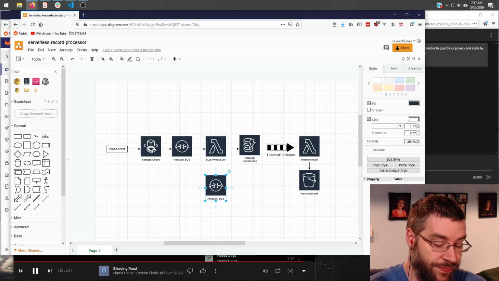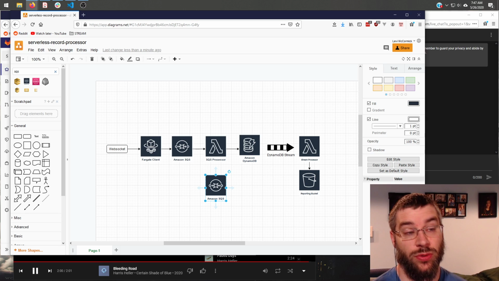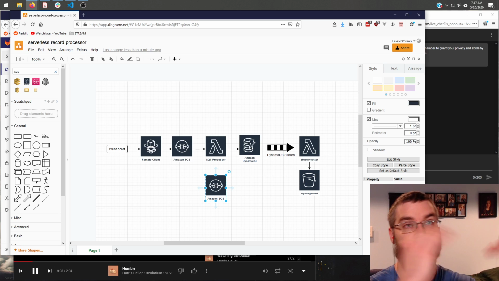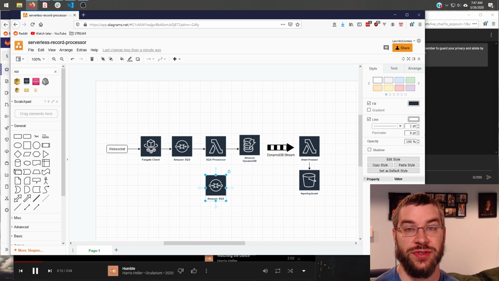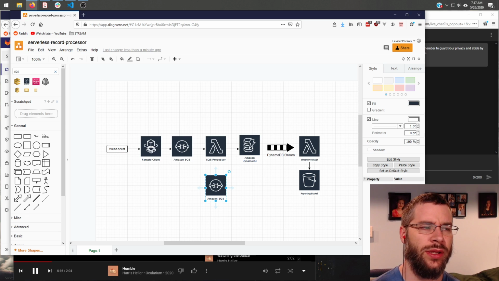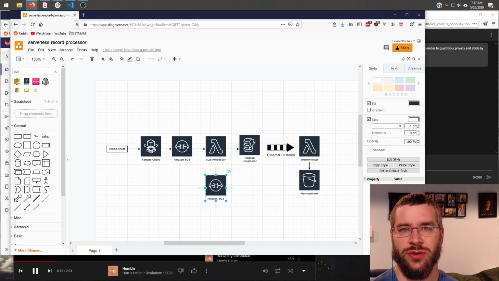So maybe you don't have a reliable invocation schema. Maybe you have all kinds of data coming in from all different places. So you could take those records, evaluate them, do some analysis on them, and figure out why your Lambda function failed on those particular events.